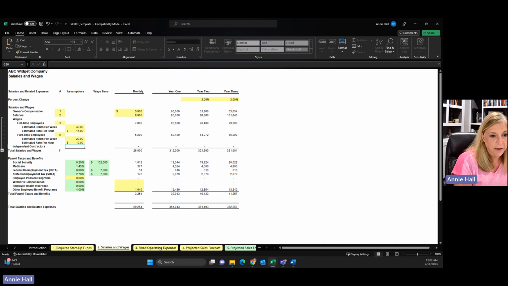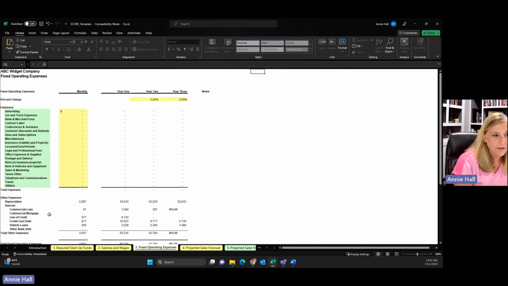Now we're going to move on to our operating expenses, which is tab 3. So our fixed operating expenses, let's talk about the difference between fixed expenses and variable expenses. A fixed expense is something that stays the same or relatively the same, regardless of how much you produce or how much you sell. So in my bakery business, I had fixed expenses and variable expenses. Variable expenses are the expenses that change with the amount of production you create.